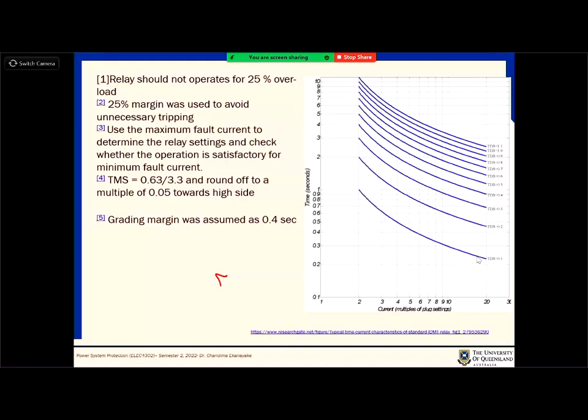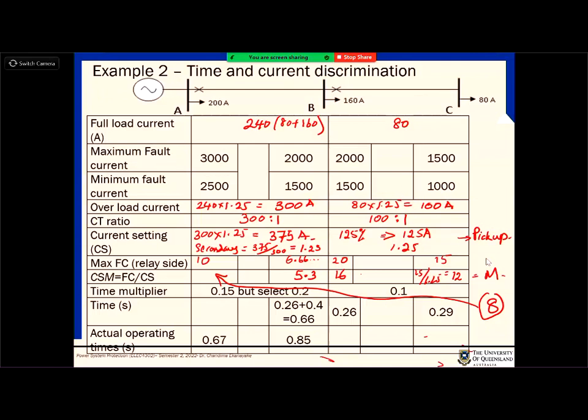Right? So, if the lowest is given as this one, then we need to select that 0.1 for the furthest away relay, because that is the given smallest TDS setting. Now I have selected that.